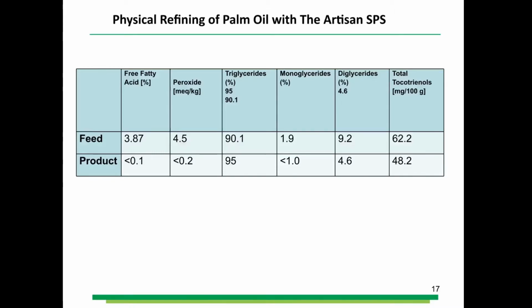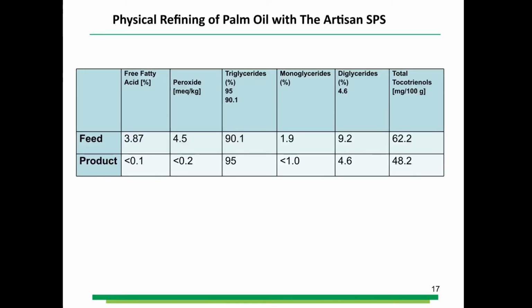The first application to be reported is the use of Artisan multi-stage short path distillation technology to physically refine palm oil, and we successfully removed the free fatty acids and refined the palm oil to meet commercial standards, for example, reducing the free fatty acids from almost 4% to less than 0.1%, also reducing the peroxide value.